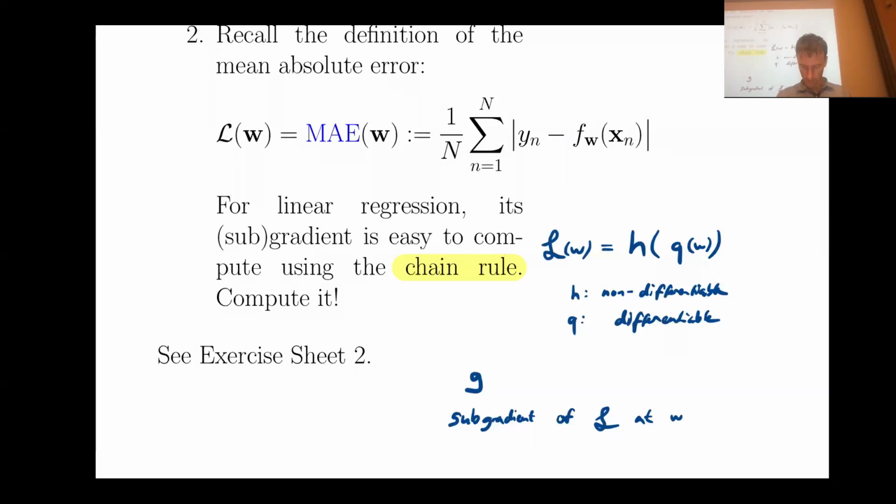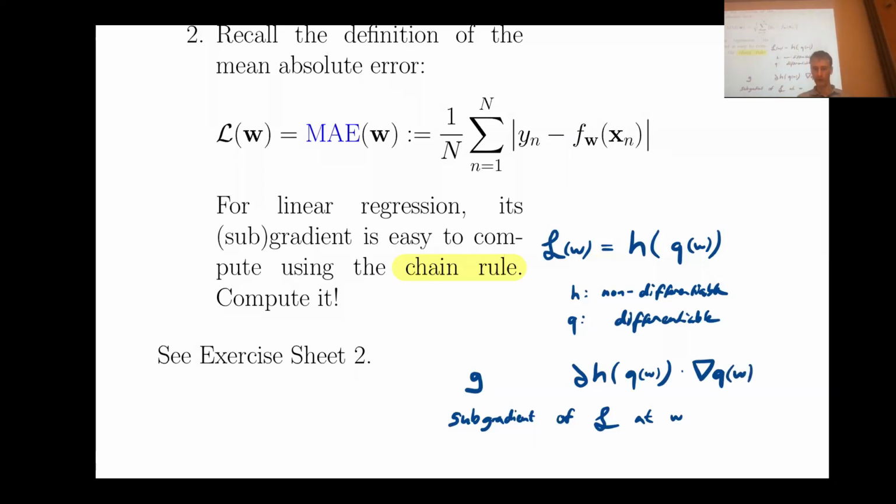And what you do is you would again like to take a gradient of the outer function at the inner function times the gradient of the inner function. So now I was a bit sloppy in what I said, but what I wrote is correct.